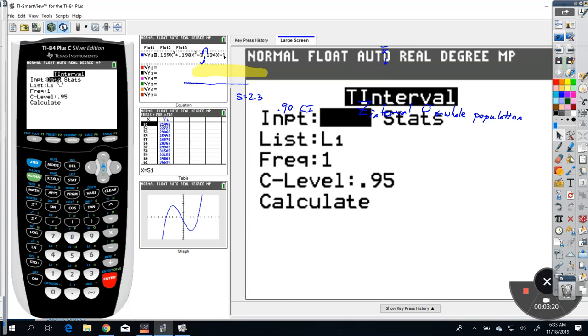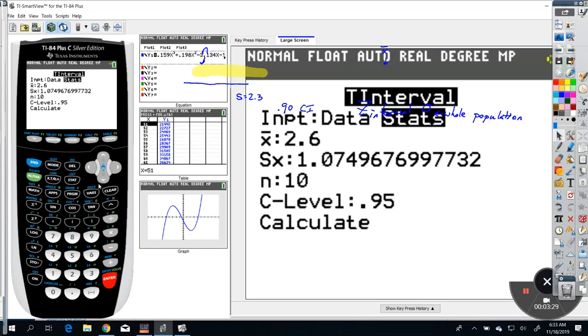And our input is going to be our stats. Our x bar was 15.8.